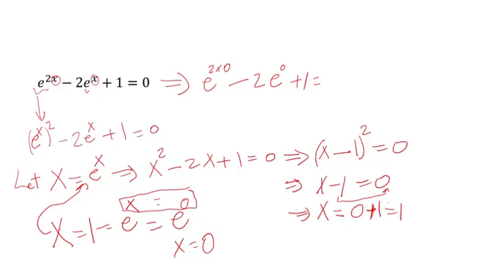E to the power of 2 times 0 is just e to the power of 0, which is 1. Then minus 2 times 1, which is 2, plus 1. So 1 plus 1 is 2, minus 2 is 0. Check. So the solution to this equation is x equal to 0.